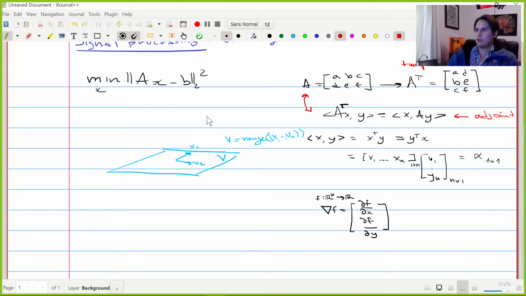And we had a signal, for example, B. And let's say that in our case, this space represents a space of smooth signals.